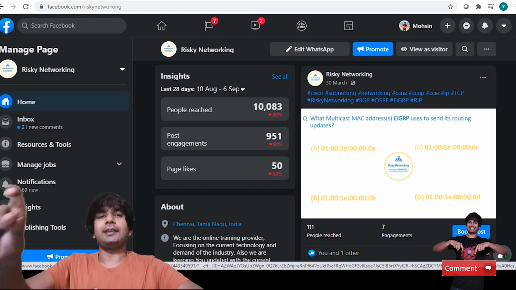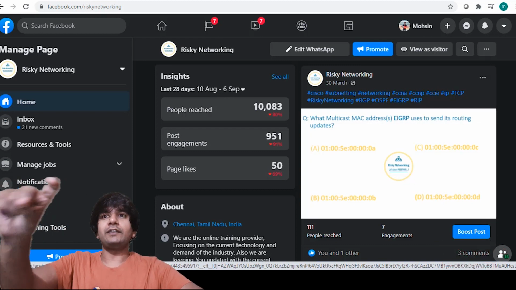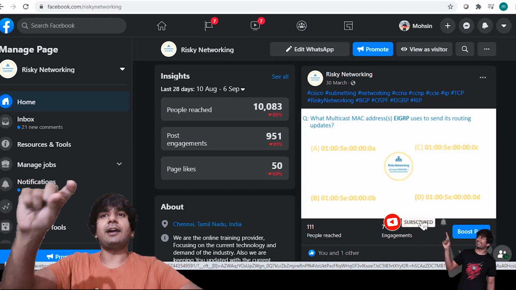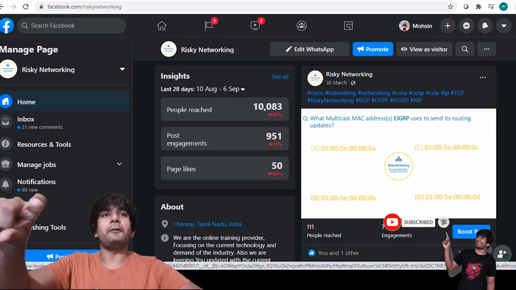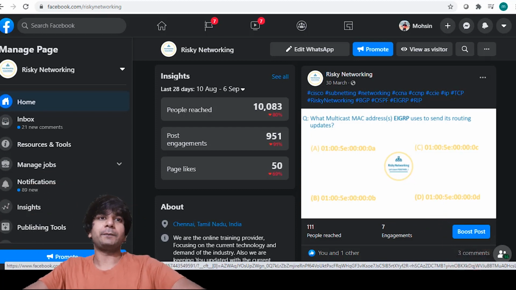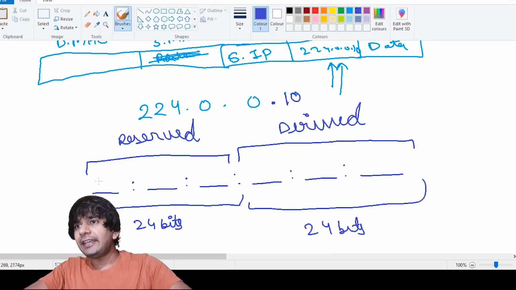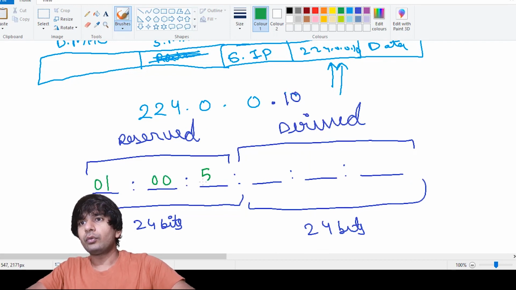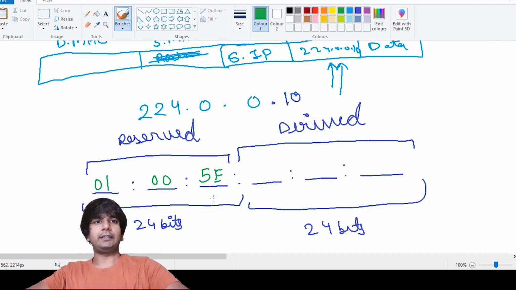Actually, this combination of 6 hexadecimal digits is reserved for multicast MAC, right? So 01005E. These digits will always be 01005E. Understood?